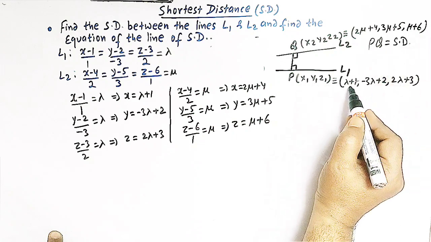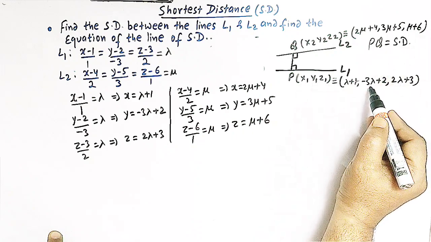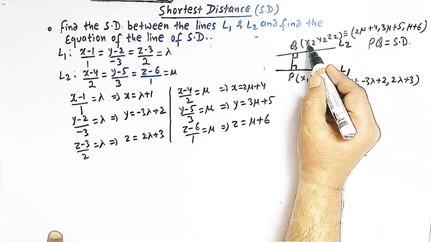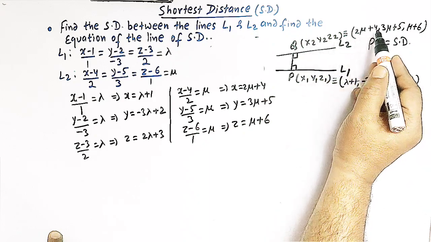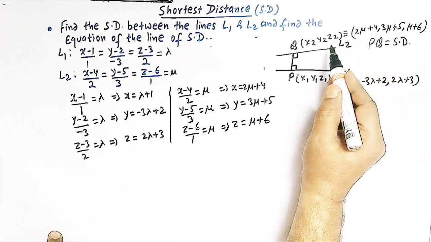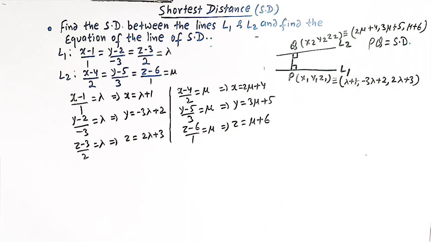So x1 is lambda plus 1, y1 is minus 3 lambda plus 2, z1 is 2 lambda plus 3, x2 is 2 mu plus 4, y2 is 3 mu plus 5, and z2 is mu plus 6.